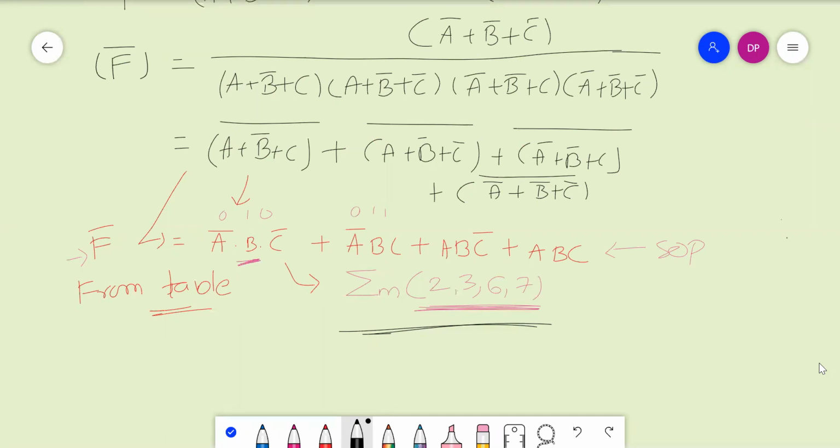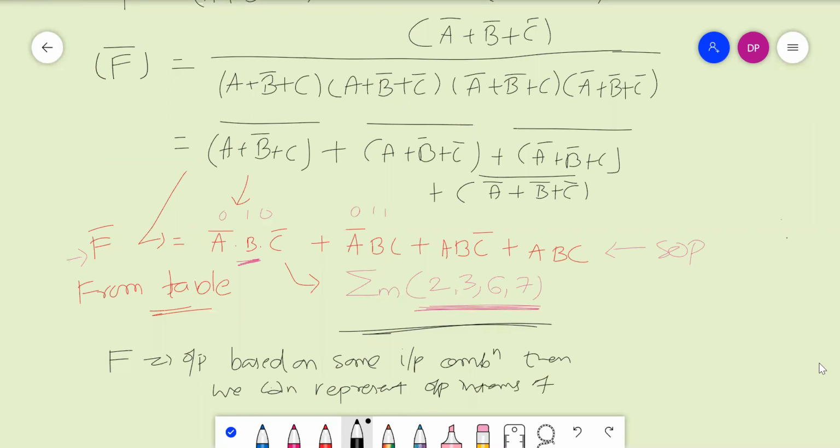So what we have learned today is, if F is given, let's say F is the output based on some input combination, then we can represent the output in terms of min terms and max terms.